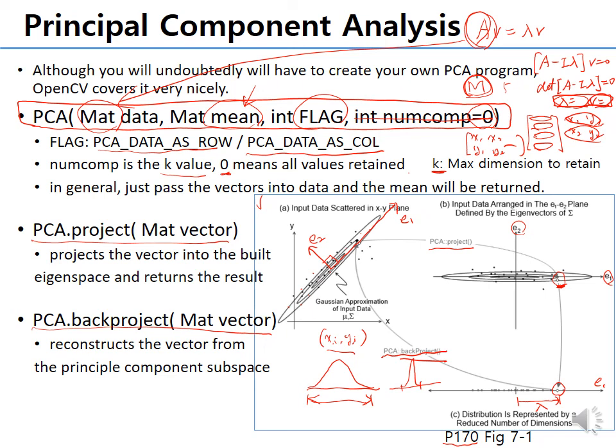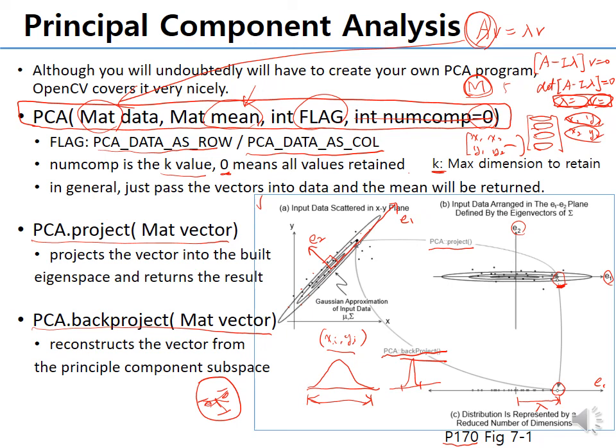This PCA routine can be used to recognize a human face. If you have many data of human faces, the feature is multidimensional data, so you find out what is the most distinguished feature, the most important feature.